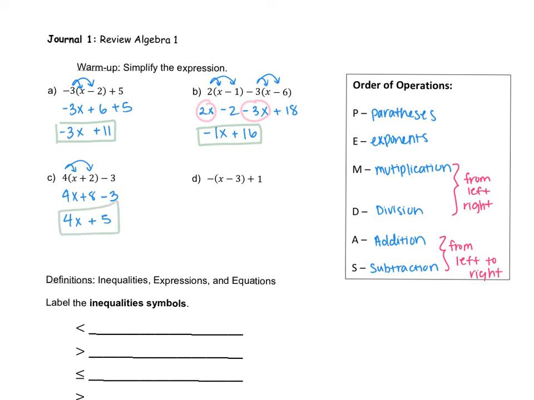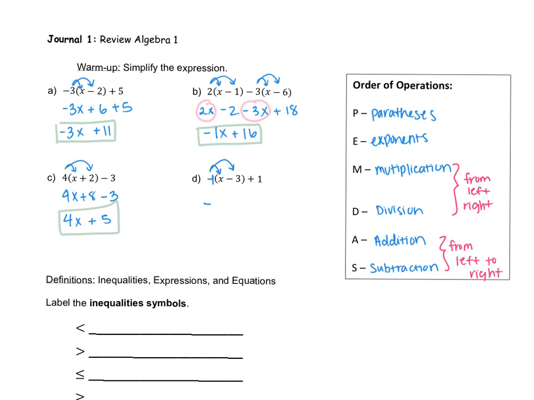So this is it. And then this one here is kind of weird because there's a negative sign here. But I want you to imagine, since that's a negative sign there, you would distribute the negative sign. Or just think of it as distributing -1, right? If there's not a number there, you can always assume it's a 1 there. So if you were to distribute a -1, you would have -1x, or just -x.